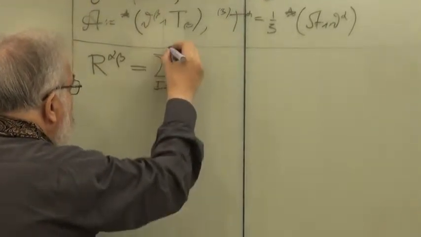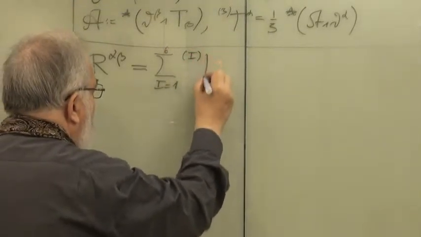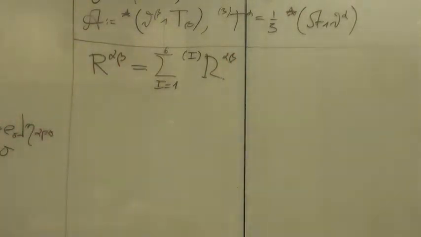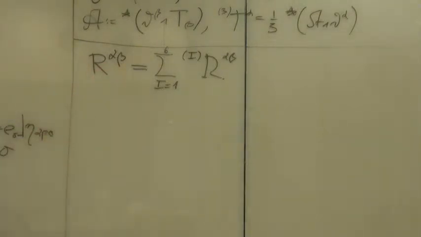I runs from 1 to 6, and I call the different pieces R^(I)_{αβ}. Now, the curvature is a 2-form, so it's anti-symmetric.